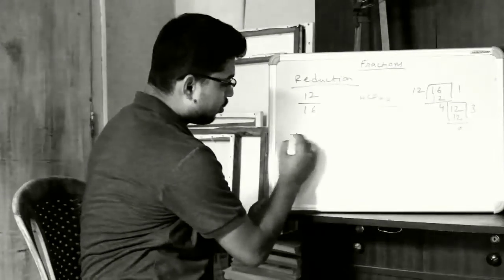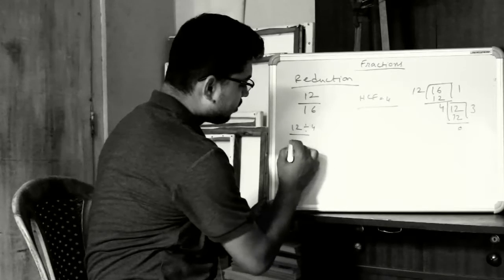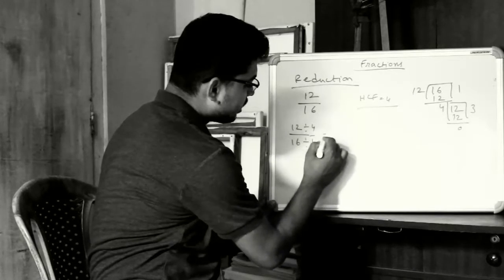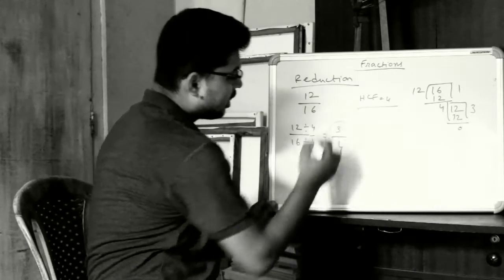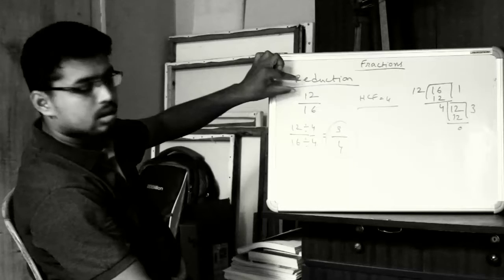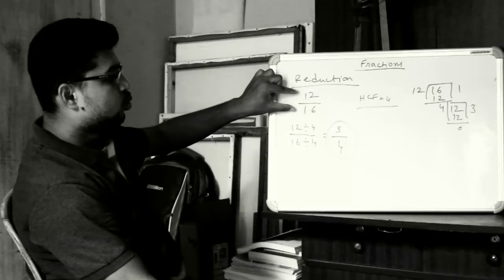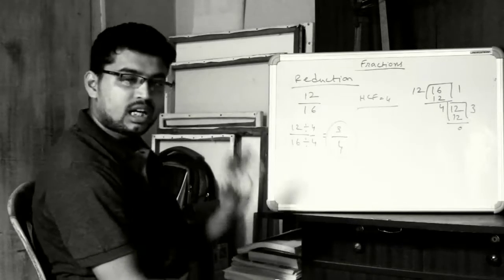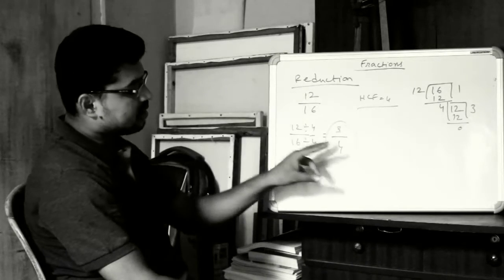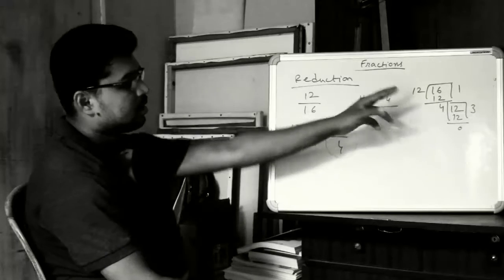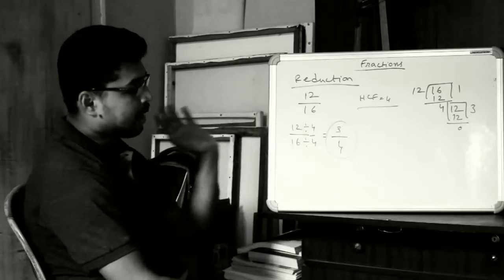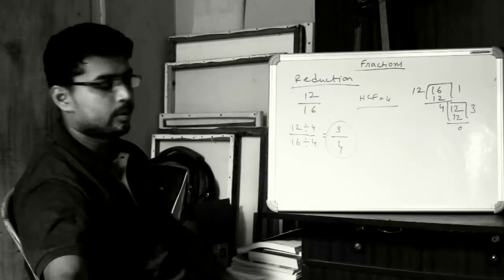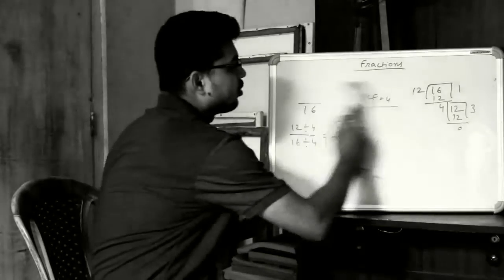So divide both by the HCF: 12 divided by 4 is 3 and 16 divided by 4 is 4. So 3 by 4 is the lowest term of 12 by 16. It means the reduction of 12 by 16 is 3 by 4. So you first find the HCF, then divide both the denominator and numerator. So this is called reduction.